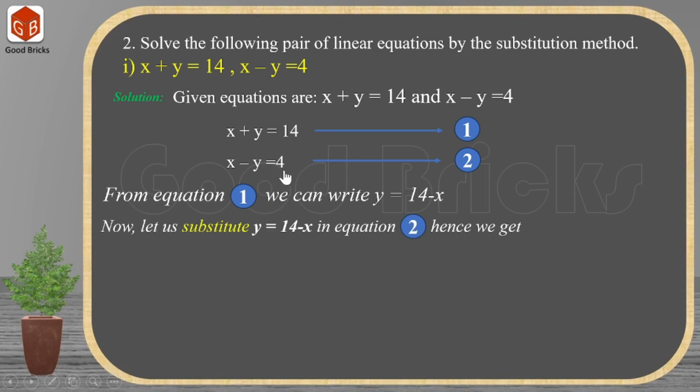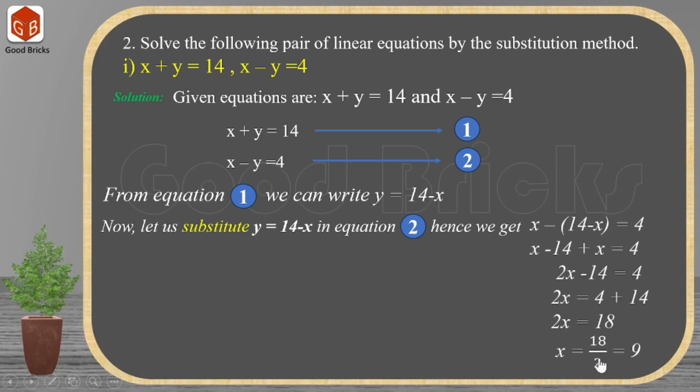So in equation 2, in place of y we are going to put 14 minus x, so we can get the value of x after simplification. What we have done here is, in place of y we are just substituting 14 minus x, then after simplification we will get x is equal to 9.